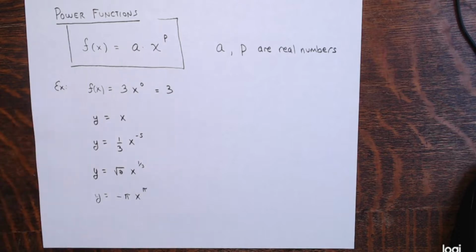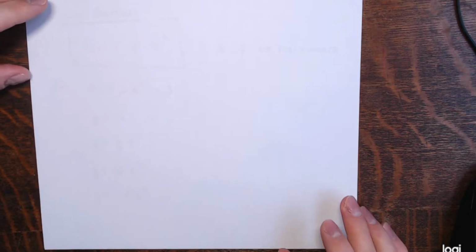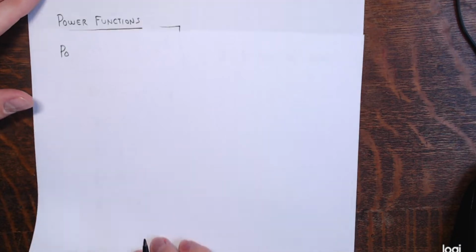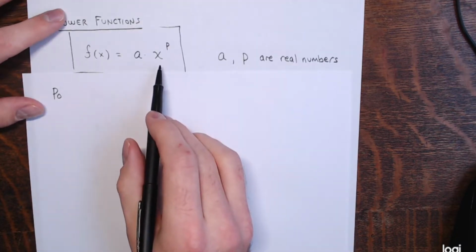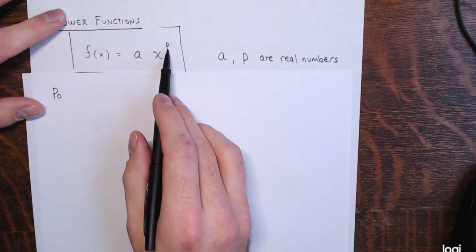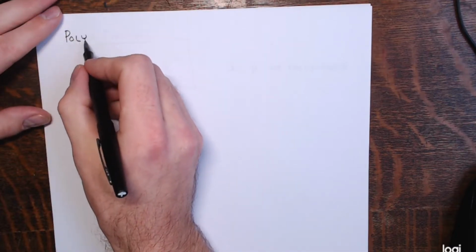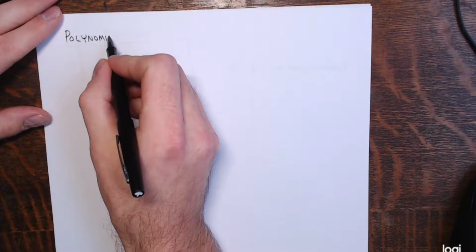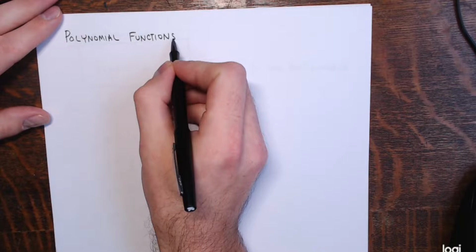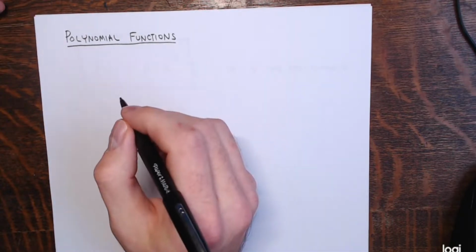Now, polynomial functions, the other kind of function you're going to be asked to identify. Polynomial functions are just a sum of power functions where all the powers, or all the exponents on the variable, are whole numbers. Right? So polynomial functions can take the following form.